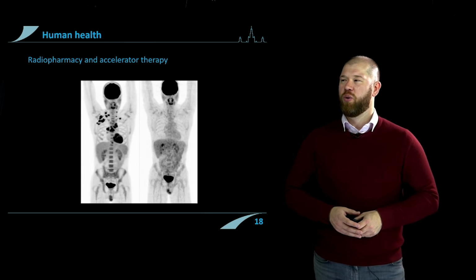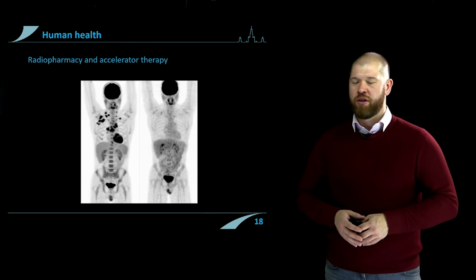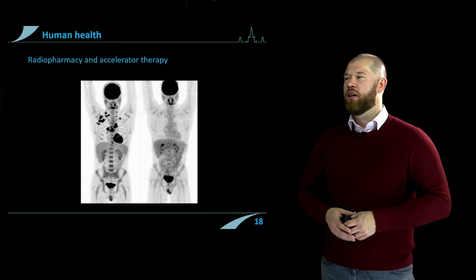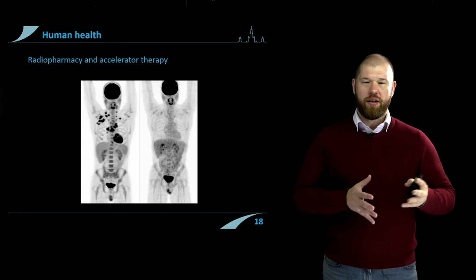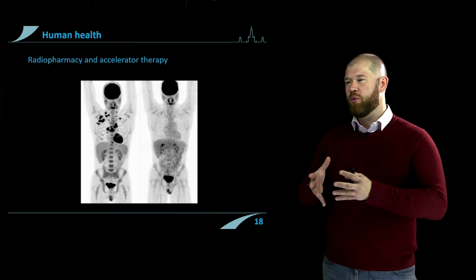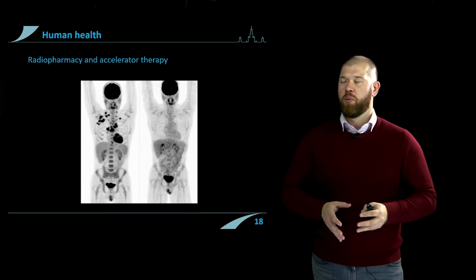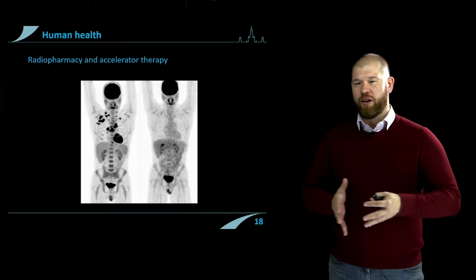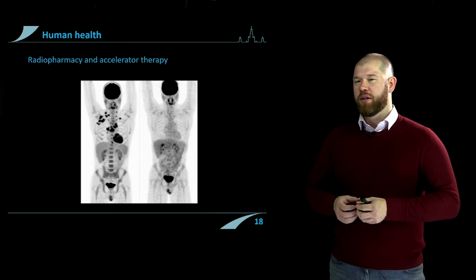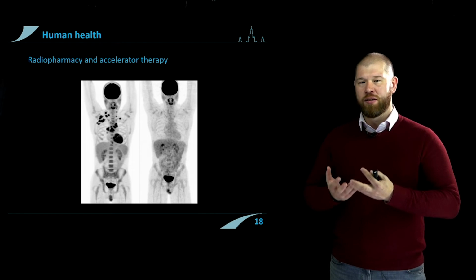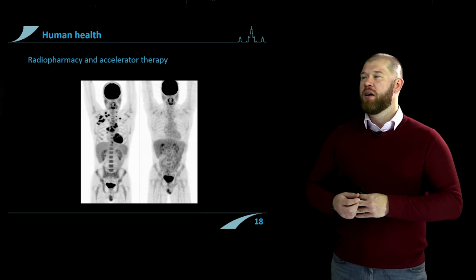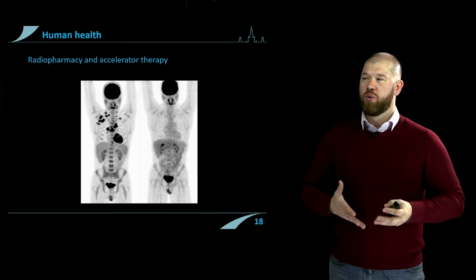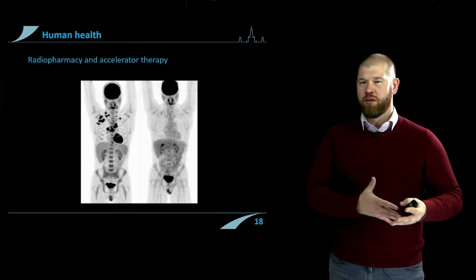Another application of ionizing radiation in the modern world is nuclear medicine. It is either diagnostics or therapy, and we can use radiopharmaceuticals, that means medicine that contains radionuclides, or we can use accelerator therapy.